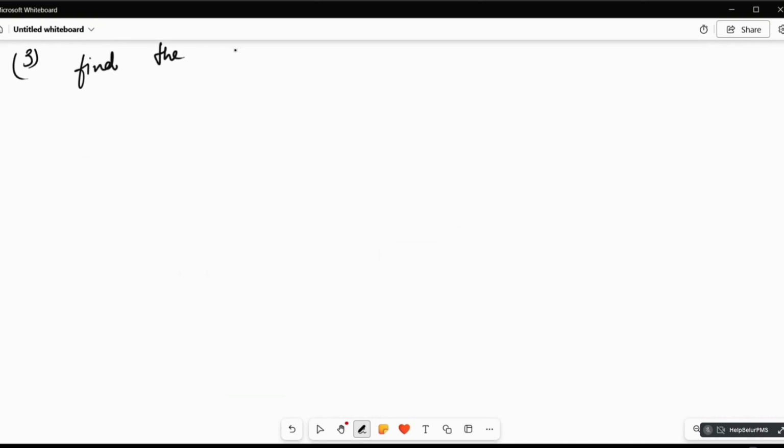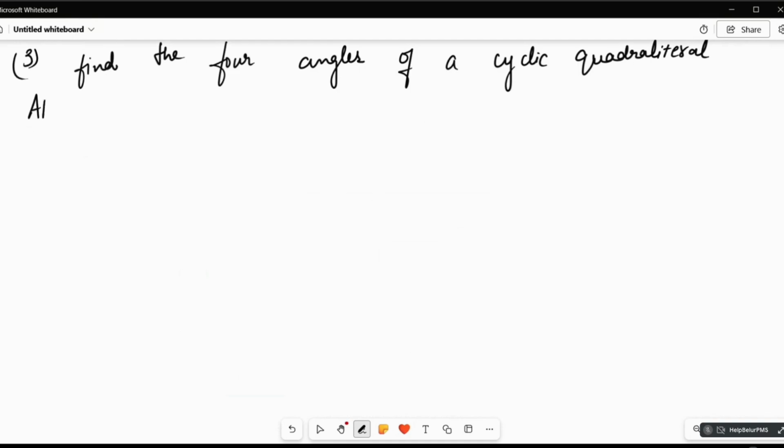Find the four angles of a cyclic quadrilateral ABCD in which angle A is equal to 2x minus 1 degree.